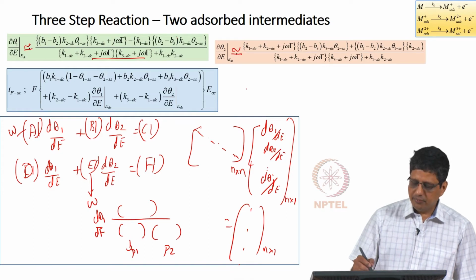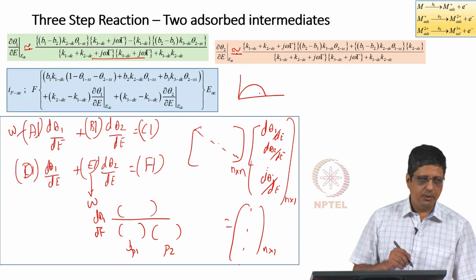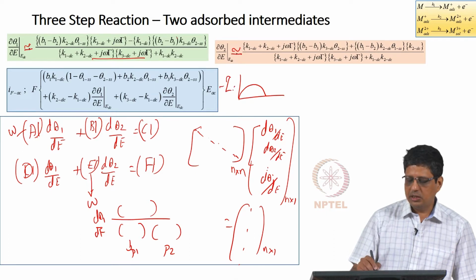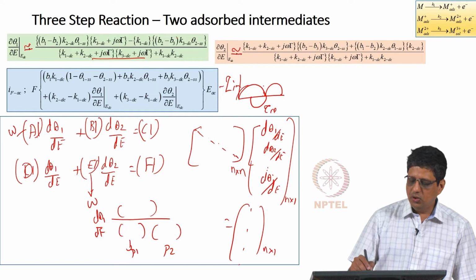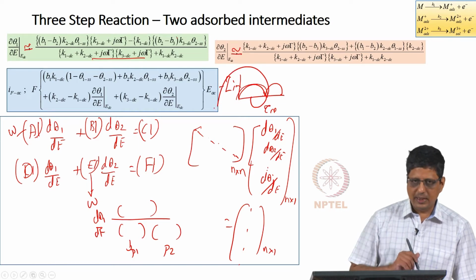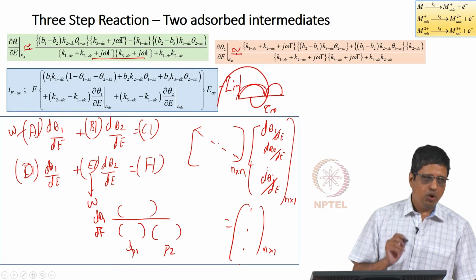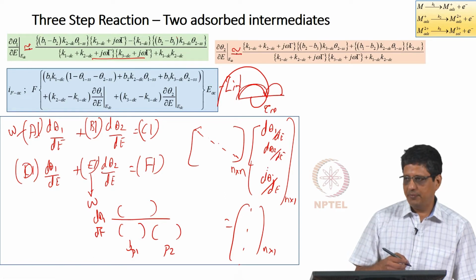That means previously we said if it is a simple straightforward reaction with no intermediate species, you will get a semicircle in the Nyquist plot. This is the imaginary, this is the real. If it is one adsorbed intermediate, we know we can give something like this, we know it can give something like this, we know it can even go back depending on the mechanism. So, it means one more loop is possible, one more time constant is possible, RC is a time constant.